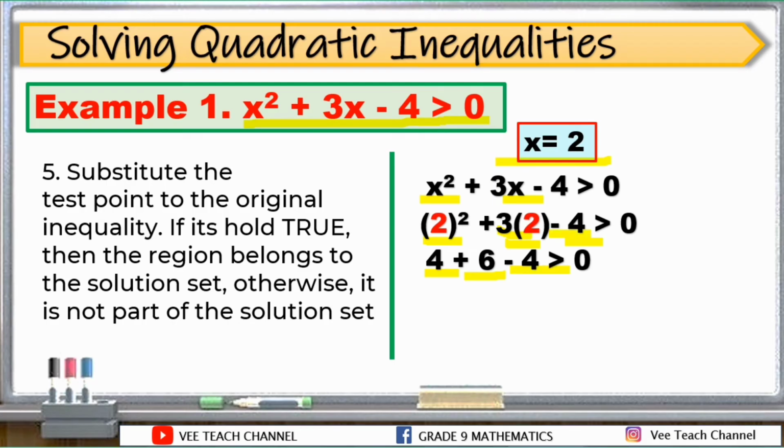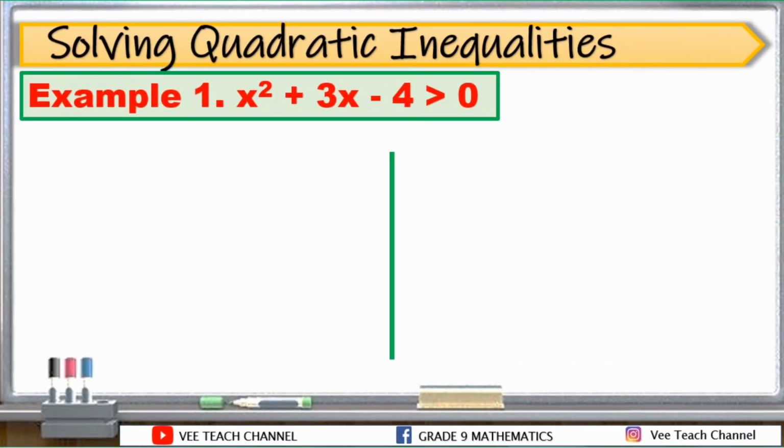What is the answer? The answer is 6 is greater than 0. True or false? It is true. 6 is greater than 0. Ayan. May nakuha tayong dalawang true. Yung unang test point na ginamit natin, tsaka yung pangatlong test point natin.